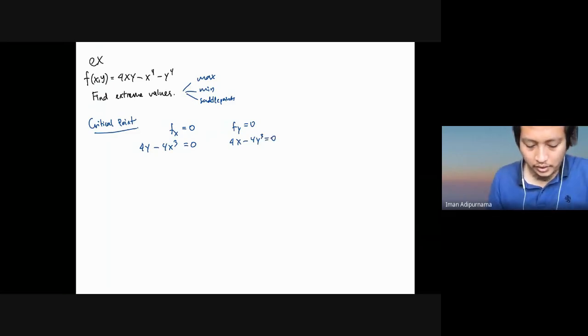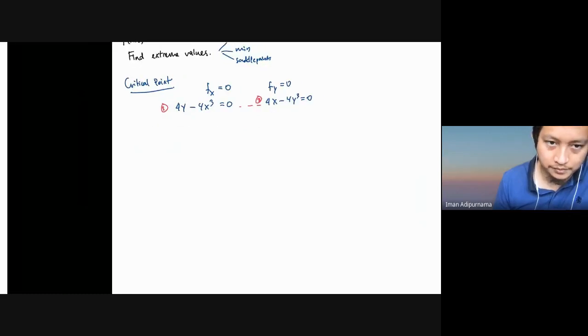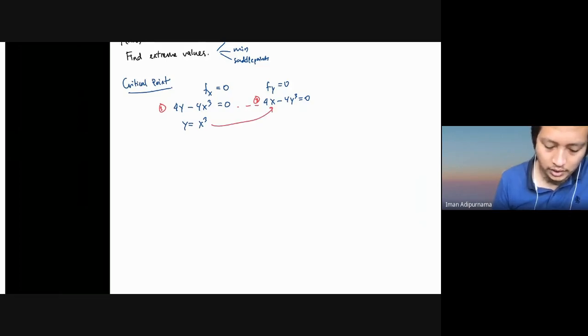And then we need to find x or y, depending on you, from these two equations. We have two equations, and we can use substitution or elimination. Substitution is suitable for this case. For this, we can substitute to here.